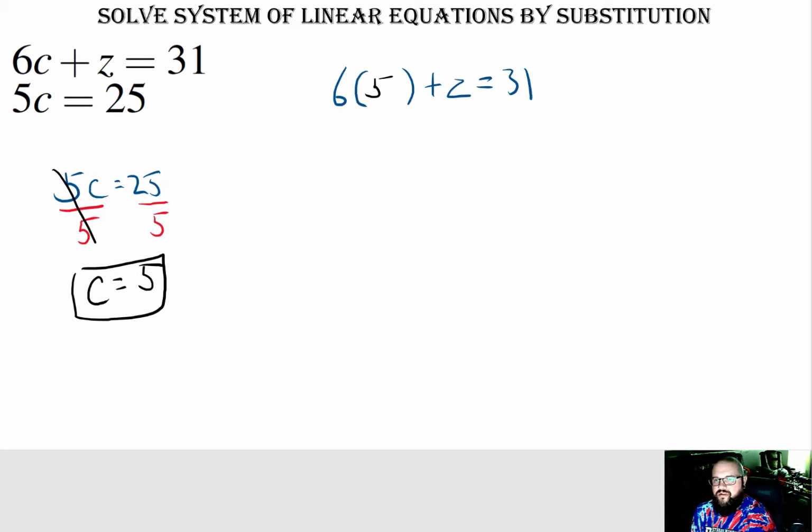Let's simplify: 6 times 5 is 30, plus z equals 31. And what do we do to get rid of the 30? It's a positive 30 on the left-hand side, so we need to subtract it. We subtract 30 from both sides.